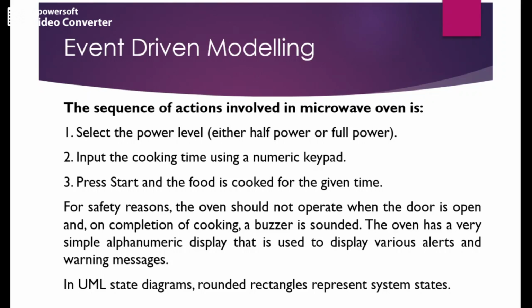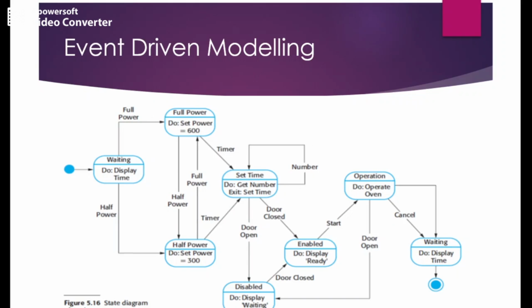The oven has a very simple alphanumeric display, used to display various alerts and warning messages. Display is alphanumeric, alphabets as well as numbers. With numbers you can set the cooking time, and with alpha you can mainly display some error message or warning message. Okay, so we'll come back to the state diagram.